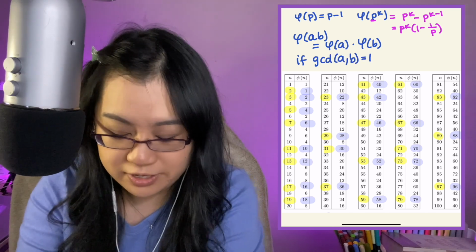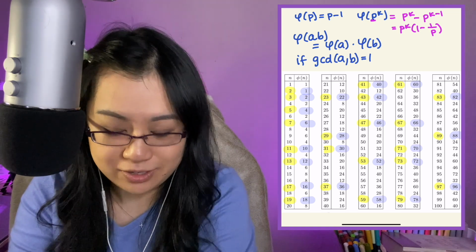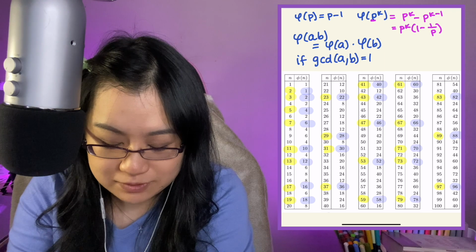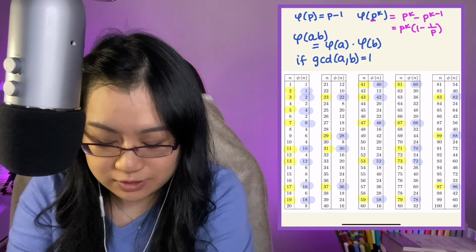In other words, if a and b are coprime. So this won't work if a and b are not coprime, but if you happen to have GCD of a and b equal to 1, then you can actually multiply.